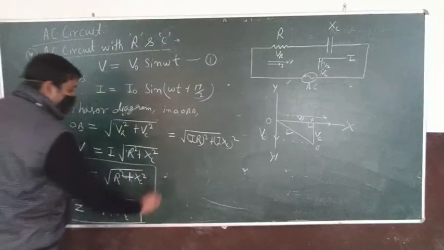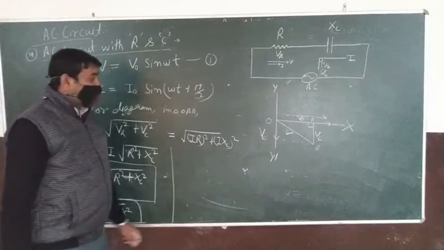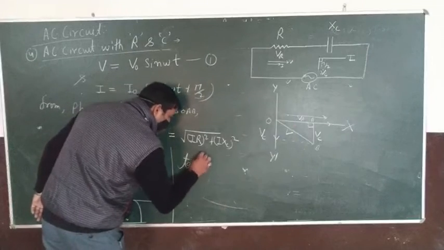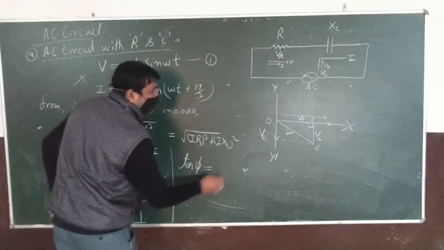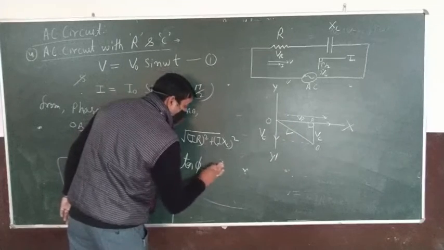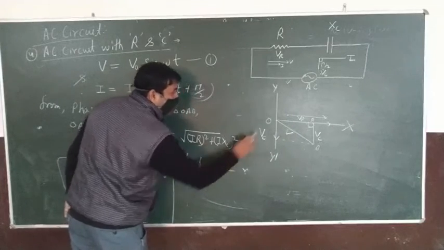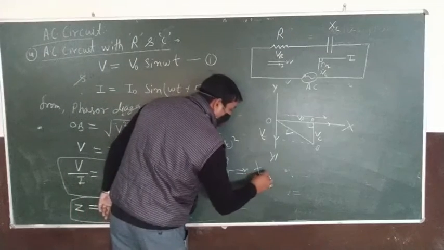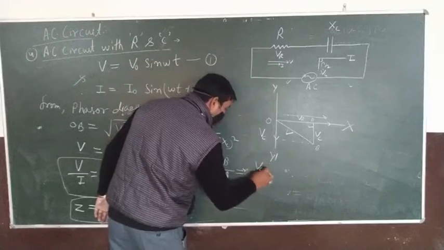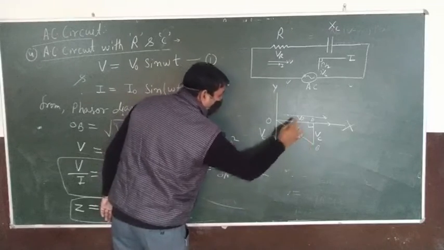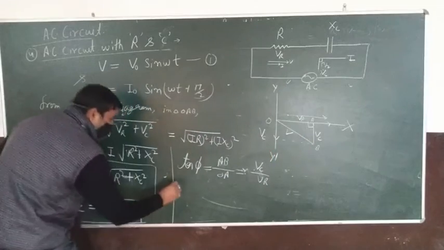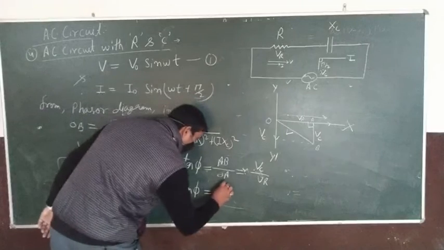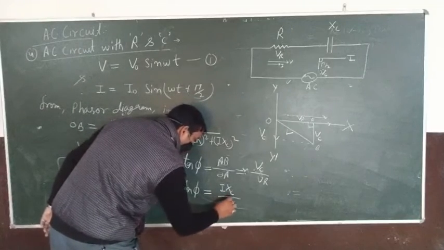Now, to find the phase of the voltage and the current, ठीक है, tan phi is equal to AB upon OA. This value is VC upon VR. Now, tan phi is equal to IXC upon IR.